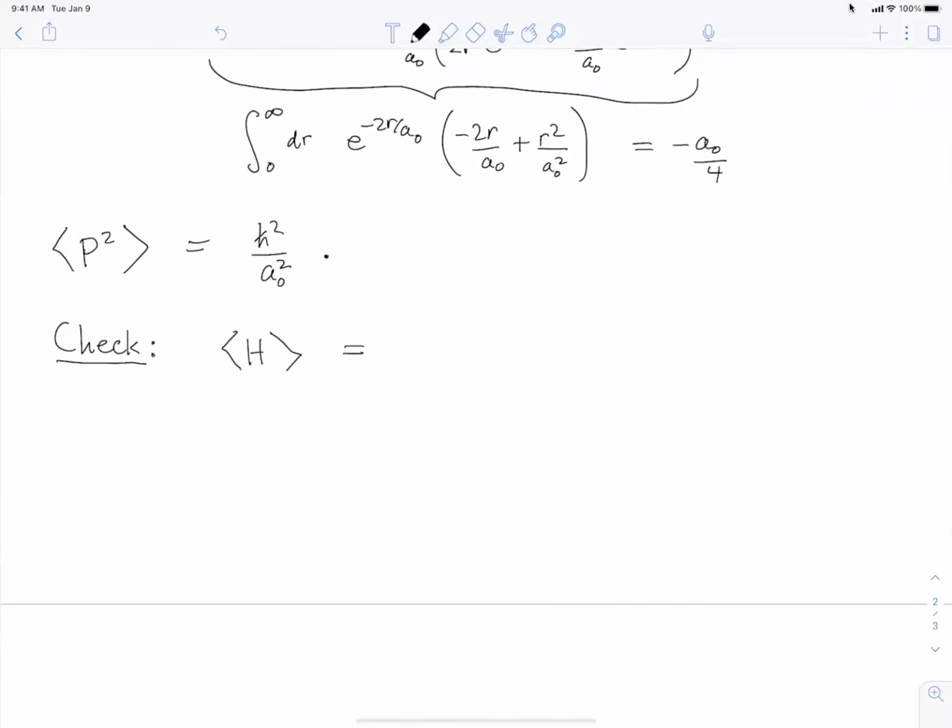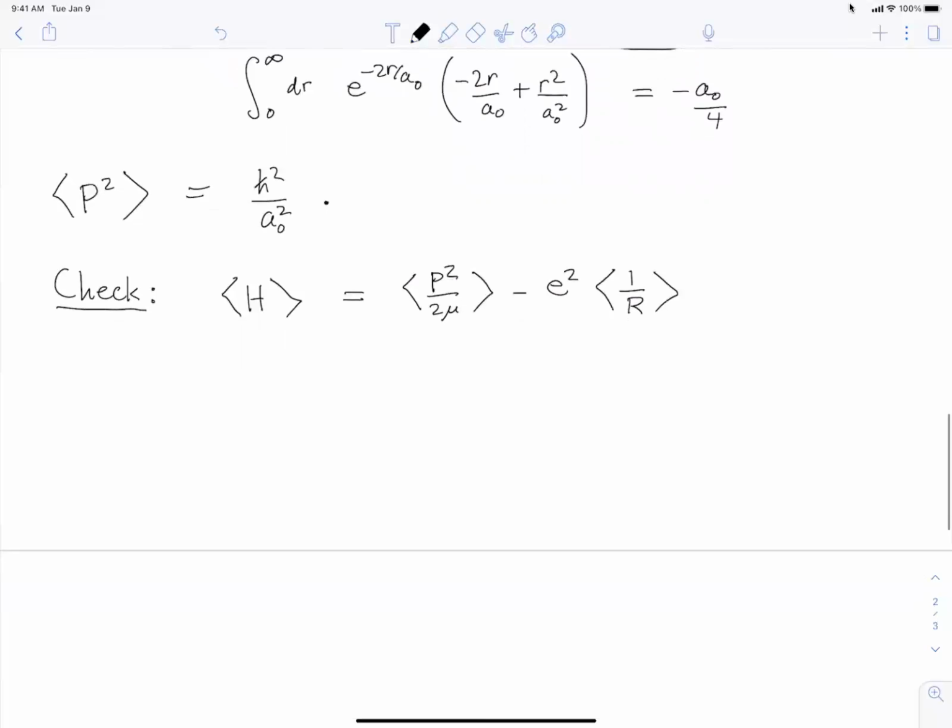But just as an operator, that's equal to the expectation value of the momentum squared over twice the mass, minus e squared times the expectation value of 1 over r. We've just worked out what the expectation value of p squared is, and we also worked out the other one earlier today.